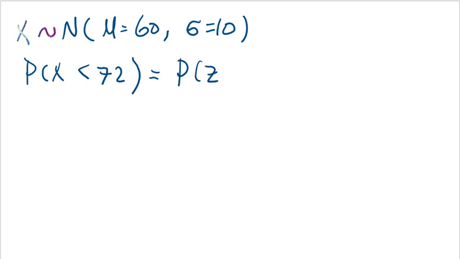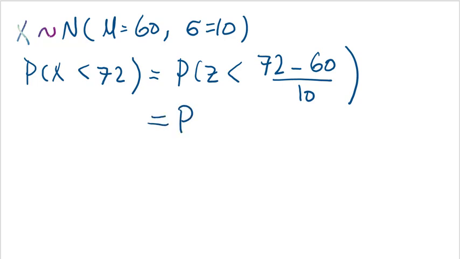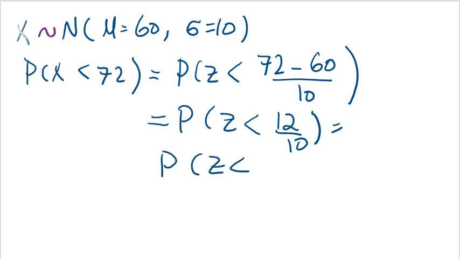The z score for 72 is 72 minus 60 divided by 10, so x minus mu divided by sigma. So it becomes probability of z less than 12 over 10, which is equal to probability of z less than 1.2.